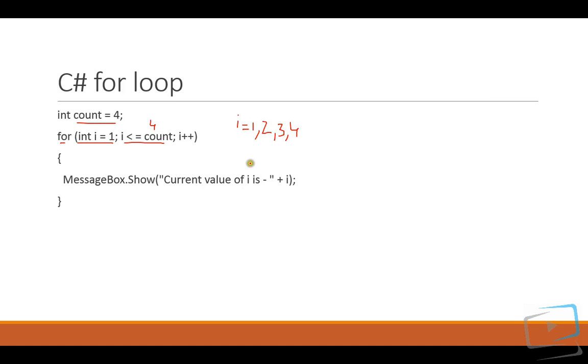These are the values of i, because in the for loop it is incremented. This i plus plus is nothing but incrementing i by 1. In the first case you have 1, it is incremented by 1, you'll have 2. It is incremented by 1, you'll have 3. When it is incremented by 1, you'll have 4.